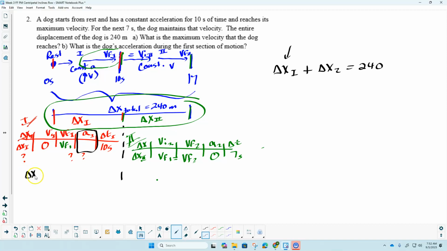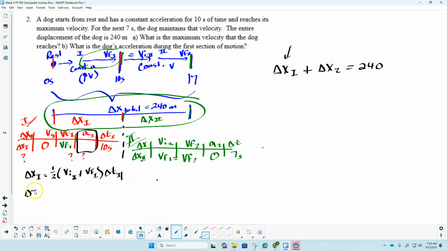So it would be delta x1 equals 1/2 times the initial velocity of section 1 plus the final velocity, VI1 plus VF1, times delta t1. We do know the time there, so I'm going to plug in the numbers that I do know.